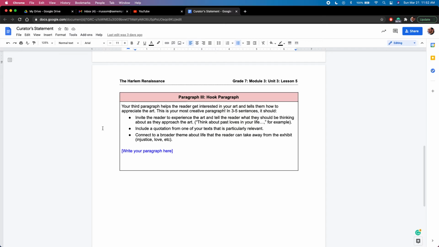But for example, if your theme that is shared is about race and racism in American society, you could ask the reader to think about some of the injustices that have been present in our society recently. For example, the Black Lives Matter movement or the violence against Asian Americans that we've seen in the past week or so. You could invite the reader to enter the exhibit thinking about those things.